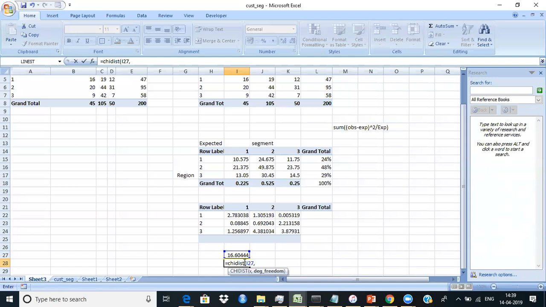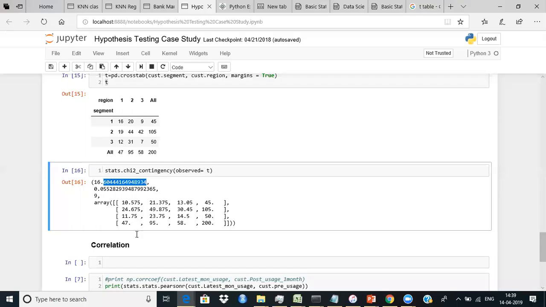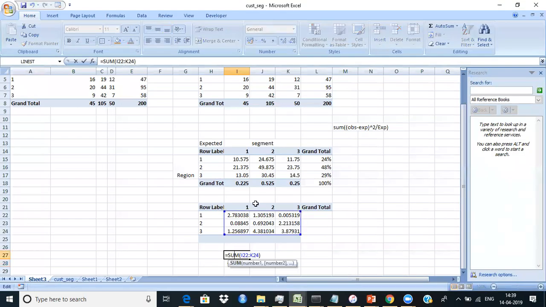What is degrees of freedom? 9.55. What was the p-value here? 0.55. Right? So this is chi-square test. 16 is sum of this, that's what I've written here, right? Sum of observed minus expected square divided by expected.